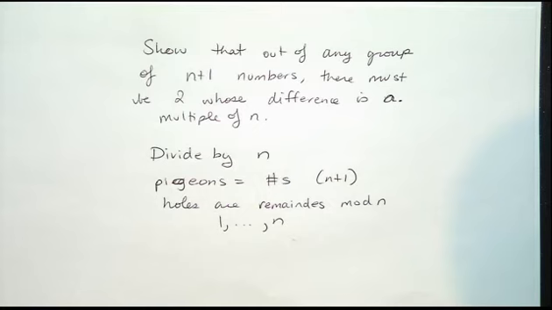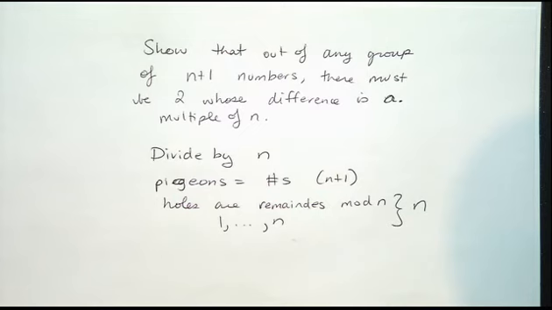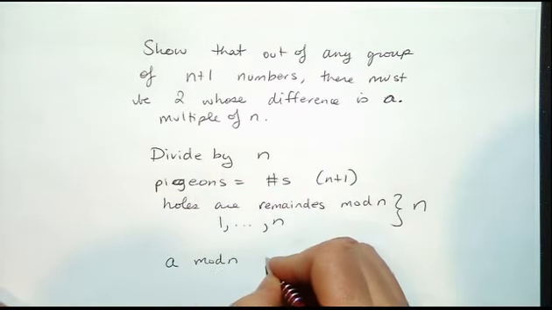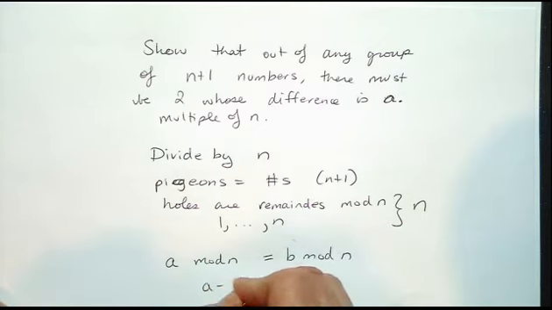As any of you who have written any programs know, we make fewer errors if we start with 1 than if we start with 0. Okay? So how many holes are there? There are n of them. So if a mod n is equal to b mod n, then a minus b equals what? It's a multiple of n.